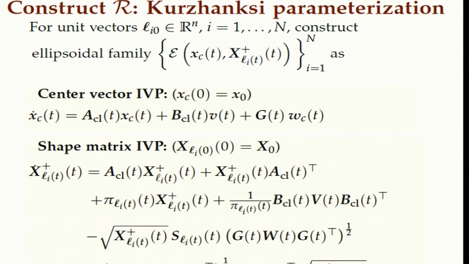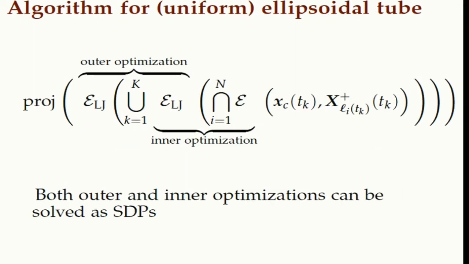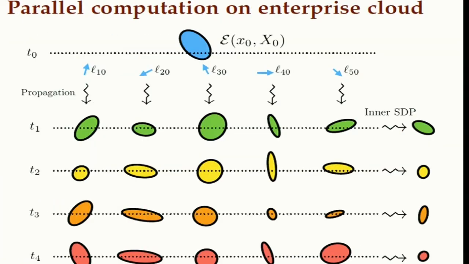All of these ellipsoids have the same center, but their shape matrices are different, and shape matrices depend on the unit vector Li0 in a very nonlinear way. Now, the computation for any particular Li is independent of any other. That suggests you can parallelize the propagation.